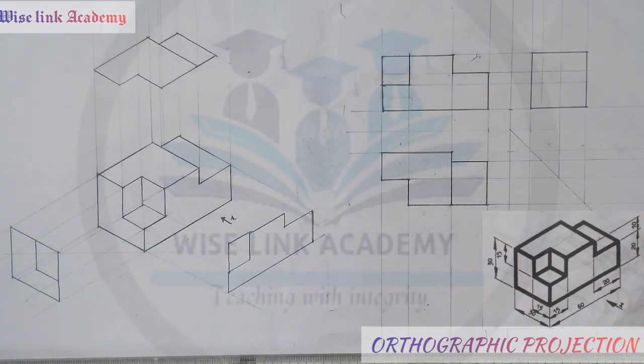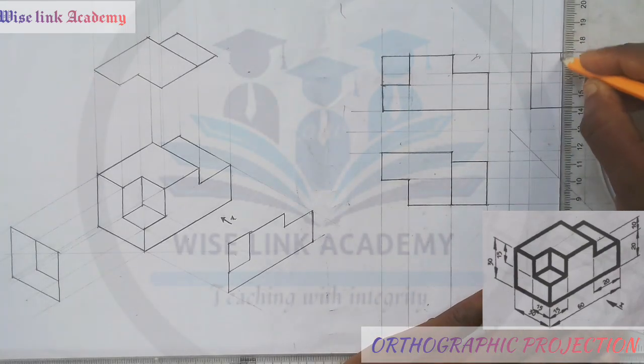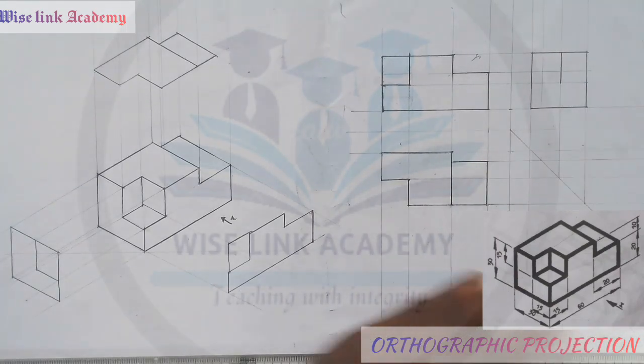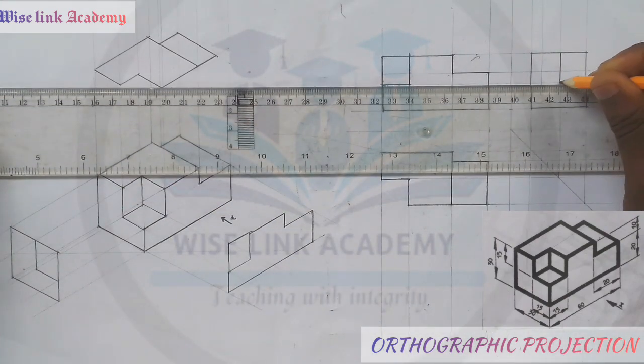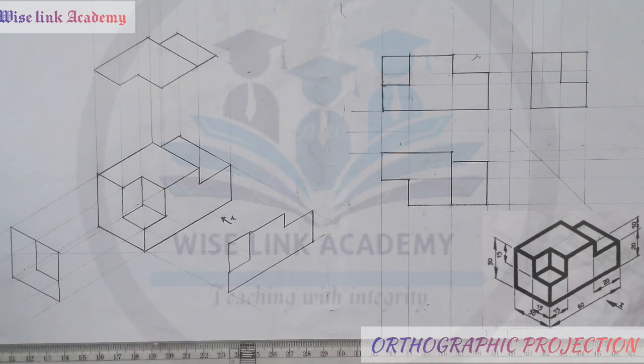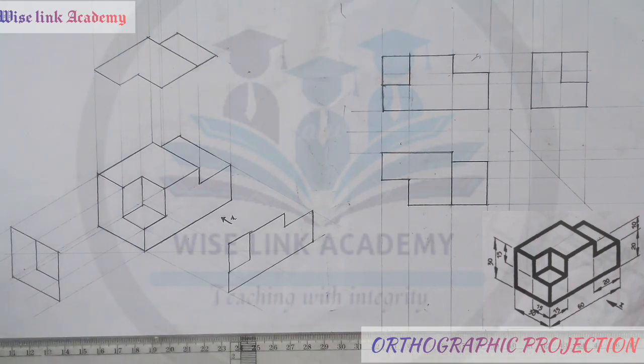Alright, if you observe closely, I will take in this part here to here, and close this point together this way. So we have successfully drawn out the orthographic projection of this figure.